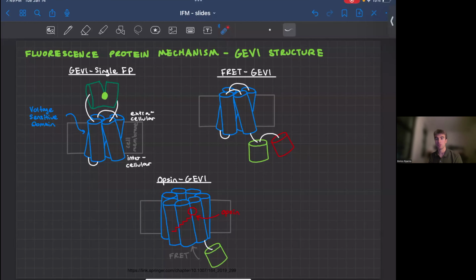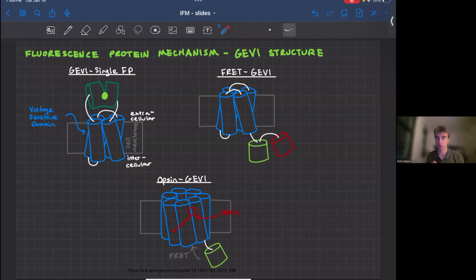There are many types of genetically encoded voltage indicators present. Here we'll be discussing three main types, in my opinion: single FP voltage indicators, FRET voltage indicators, and opsin-based voltage indicators. All voltage indicators have in common the fact that they are placed on the cell membrane, thus allowing for the measurement of potential difference from outside the cell to inside the cell.